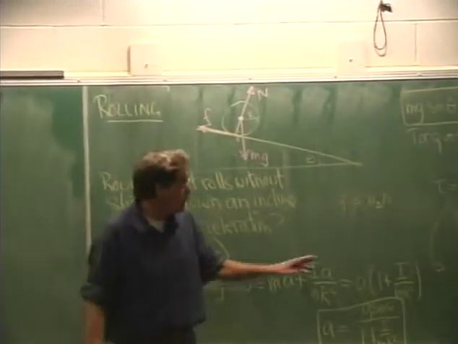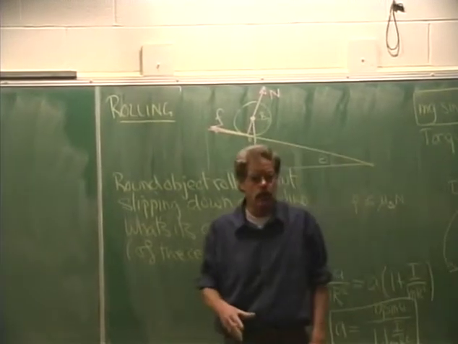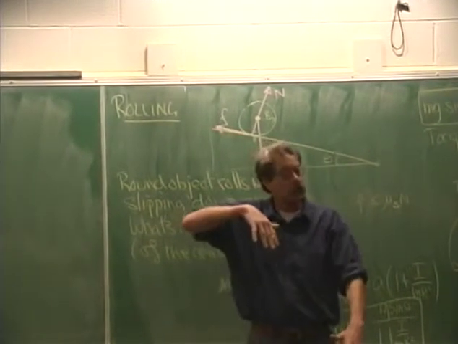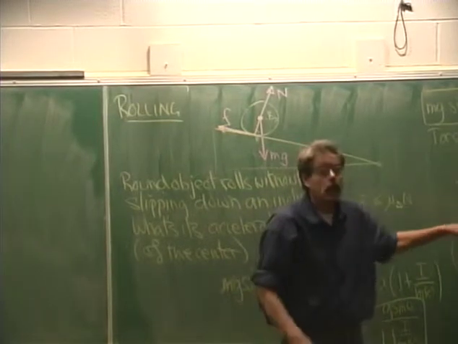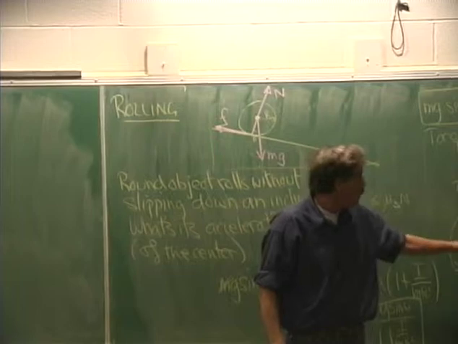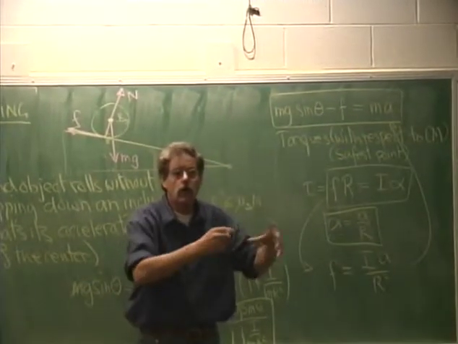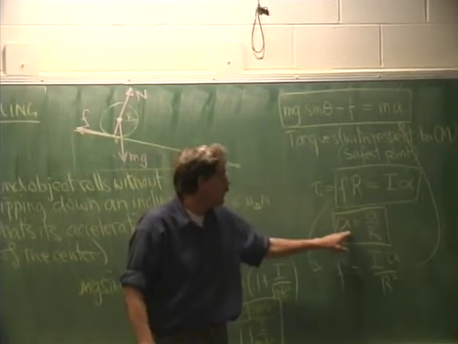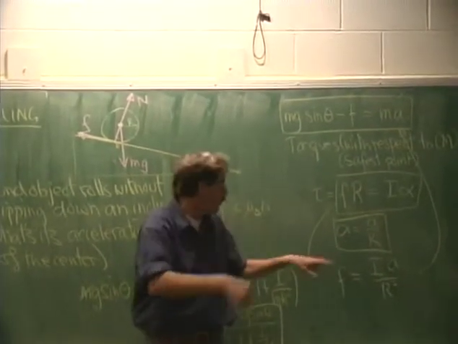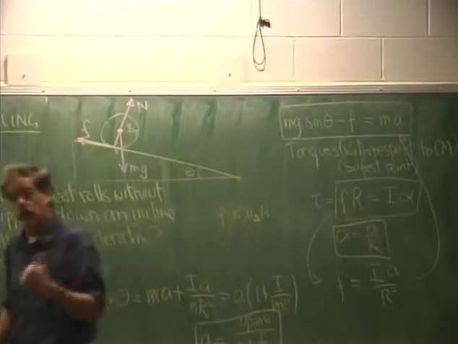By the way, what would fail in these equations if it started to slip? Because I cranked it up so the slope was too steep or something like that, so that friction couldn't keep it rolling, then alpha would no longer be A over R. That's for the perfect rolling condition where the velocity of a point on the rim is related to the angular velocity by v equals omega R. So where are we?